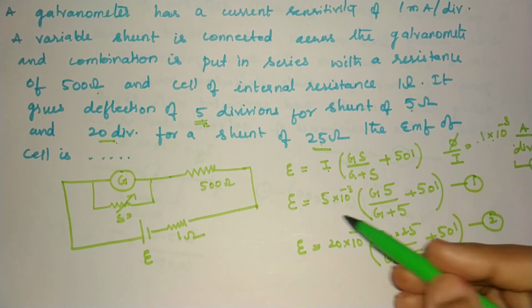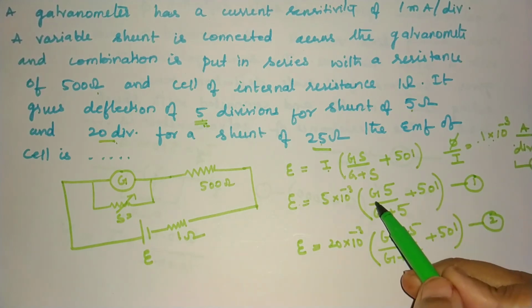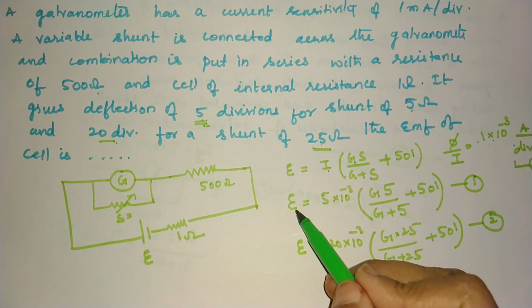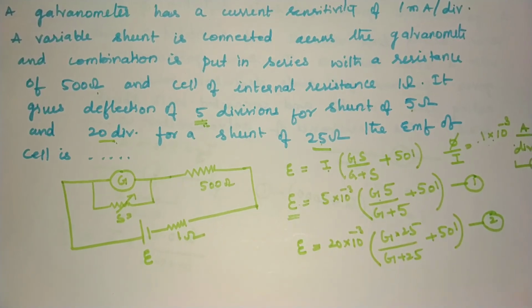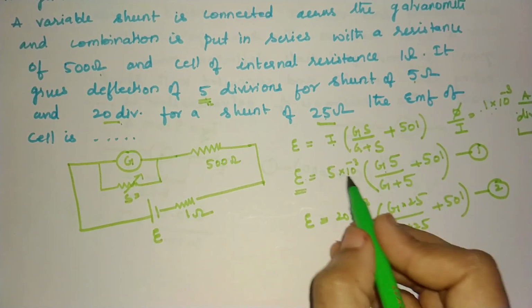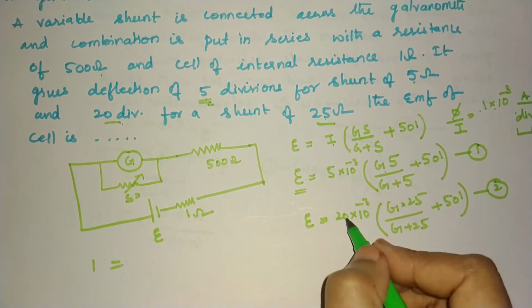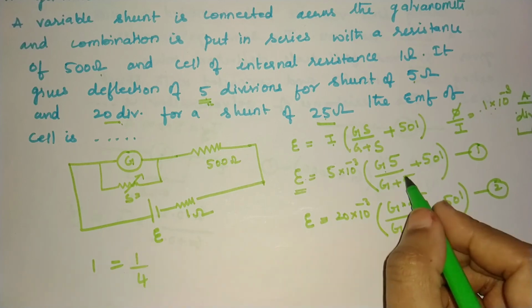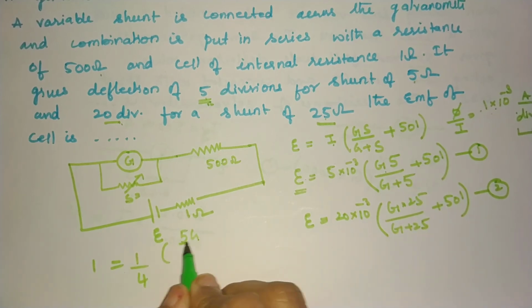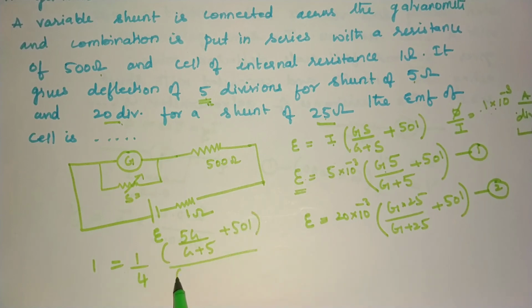See, we have got 2 equations and 2 unknowns, G and E. First, we will equate 1 and 2 to get the galvanometer resistance. After that, when you put the value of G, you can get the value of E. So, equate equation 1 and equation 2. When I divide both of them, 5 by 4, 1 is equal to 10 power minus 3, 10 power minus 3 gets cancelled. 5 by 20, I'll write it 1 by 4 into 5G by G plus 5 plus 501 by 25G by G plus 25 plus 501.